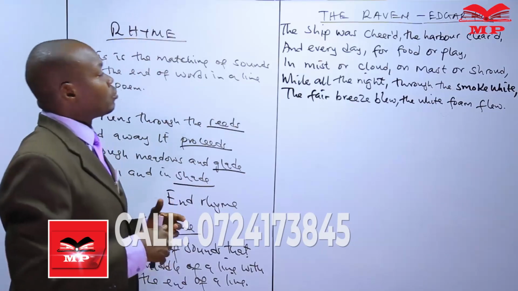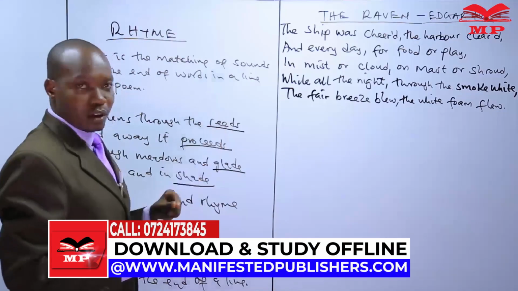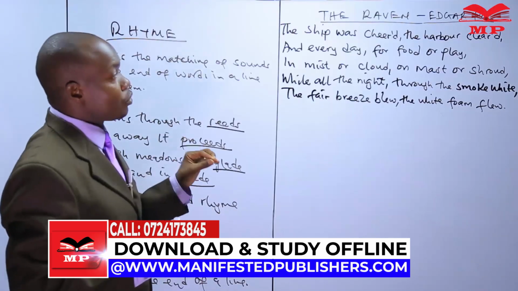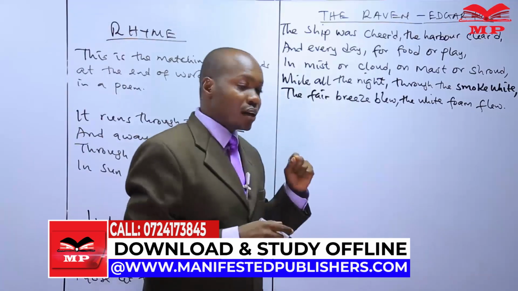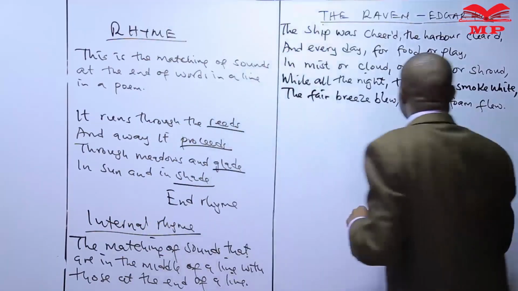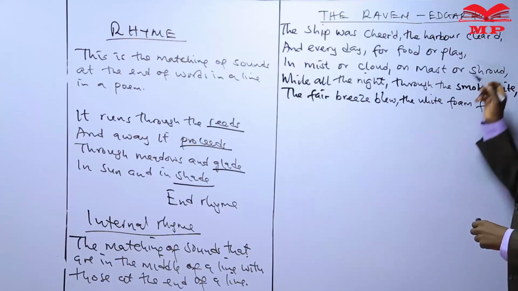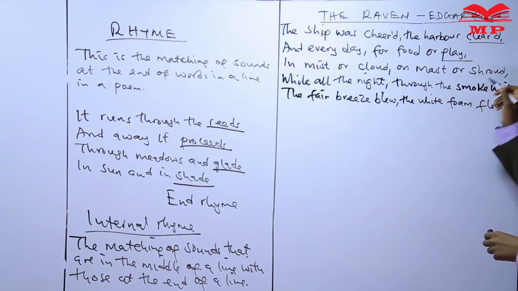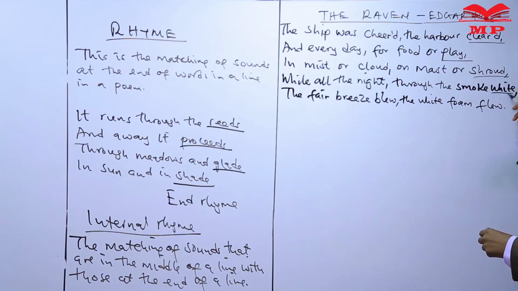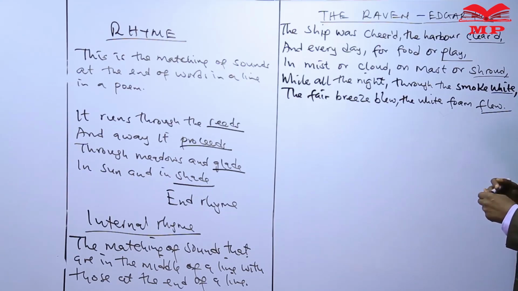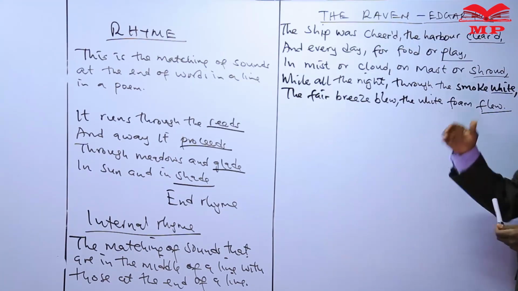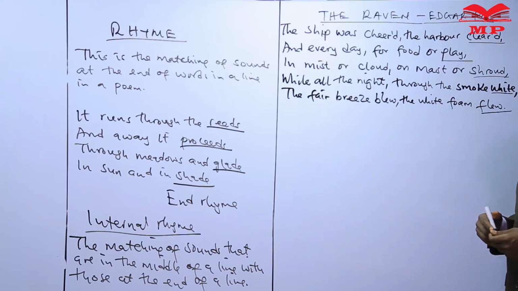Now I want us to look at this poem while we are matching sounds. In this case, we're going to look at the words at the end of lines, and the sounds somewhere in the middle of the line. So I'll go through the poem again slowly.